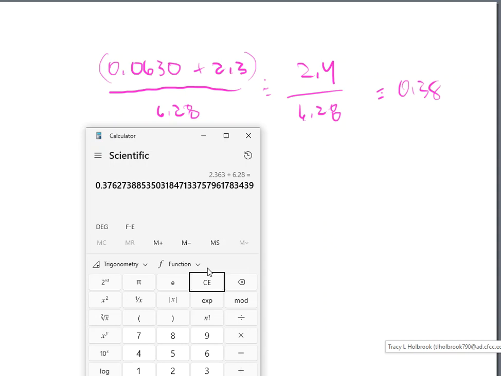If I had 15 different numbers, all of them multiplied and divided, then I can just key them in all at one time like we did in that previous example, and then just figure it out that way. But if it is a mixture of addition and subtraction, as well as division and multiplication, then we do have to do them in individual steps. Otherwise, we take the chance of getting the answer wrong. We're going to round it wrong, and that provides a wrong answer as a final result.